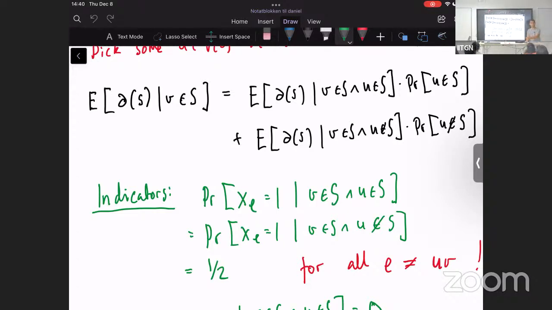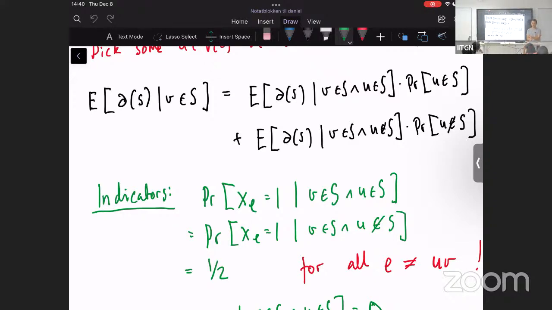For every edge that is incident to one of them, the probability is still 1/2. What about the edge between them? It's 0. They're both on the same side, so it's definitely not being cut.